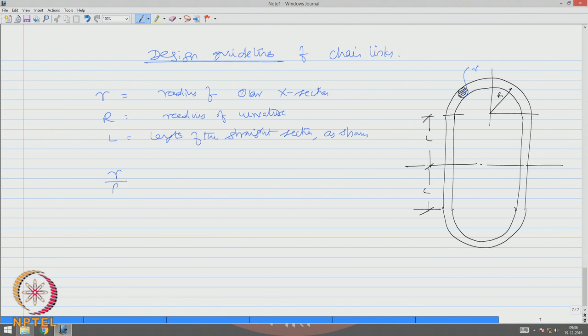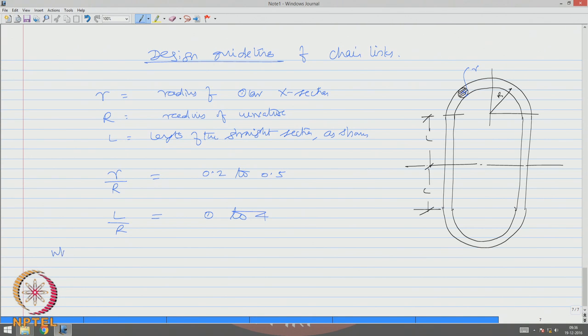So, r by R usually varies from 0.2 to 0.5 for an effective design, and L by R usually ranges from 0 to 4, in the sense a closed ring to a link.